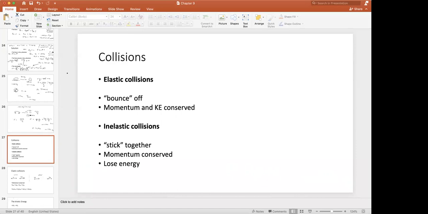So essentially, when we talk about collisions, we talk about two kinds of collisions. And we always talk about like billiard balls. We talk about an elastic collision. If this is mass 1 and this is mass 2, mass 1 could be traveling towards mass 2, but mass 2 could be heading that way. They could be going head on, right?